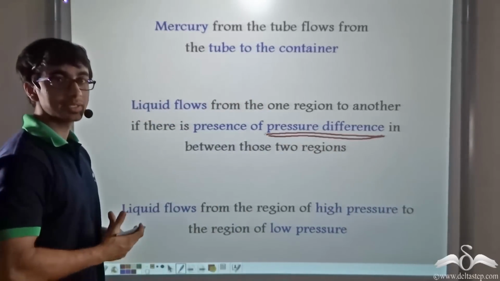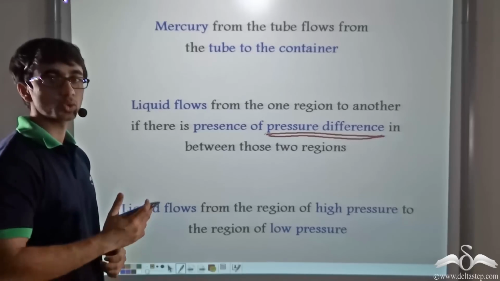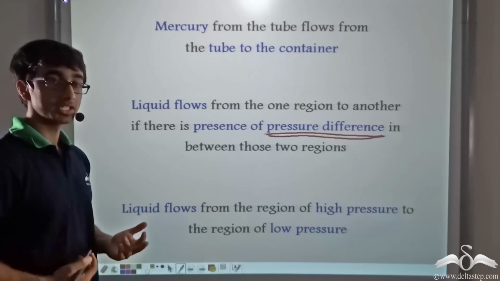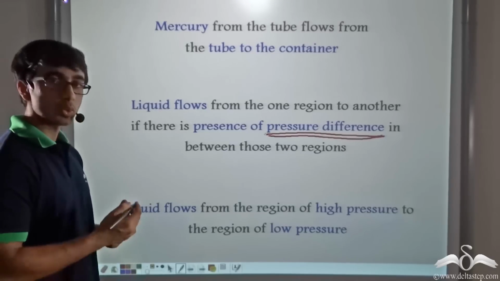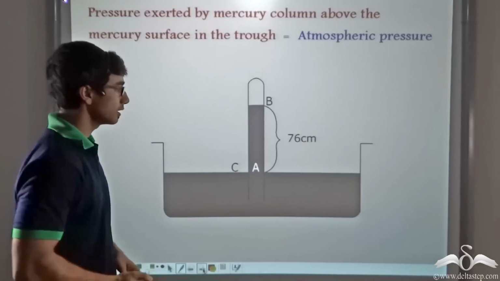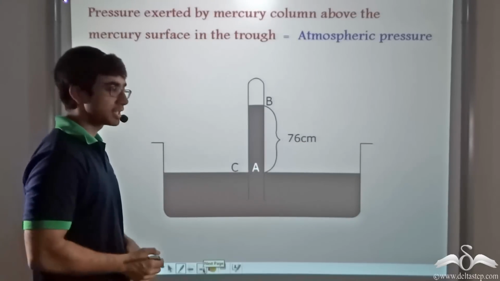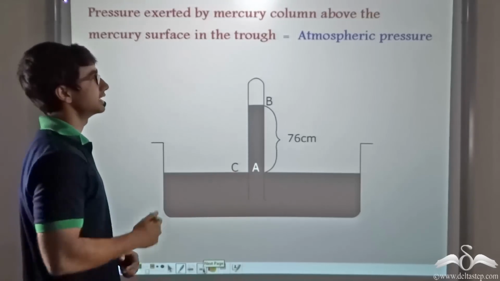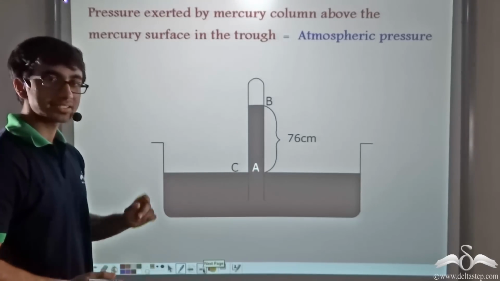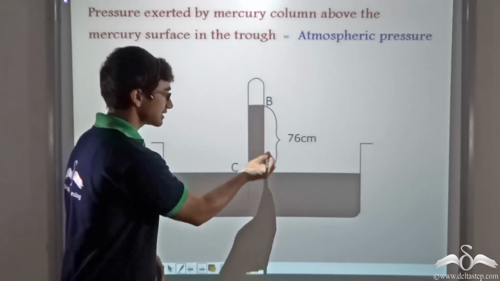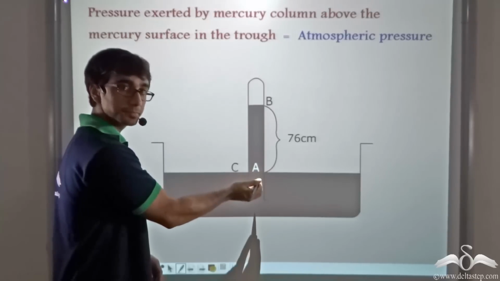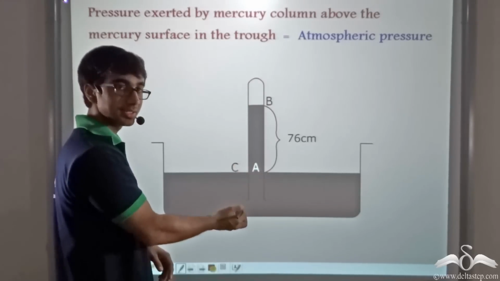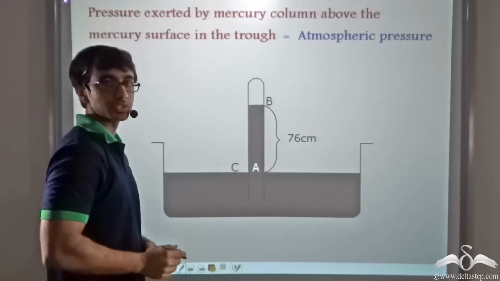Since fluids flow from a region of high pressure to a region of low pressure, what can we say? We can say that initially pressure inside the tube, that is pressure due to mercury, was higher than pressure due to the atmosphere.